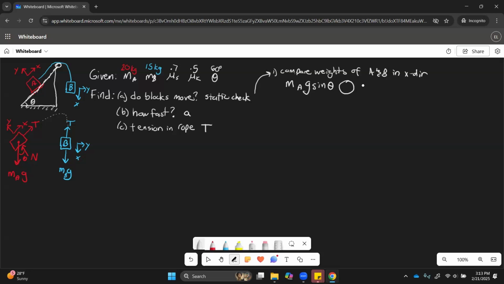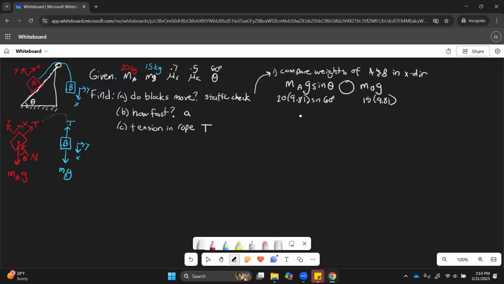Compare that to the component of B in the X direction, which is all of the weight of B, mass of B times gravity. For A, we'll have 20 times 9.81 times sine of 60 degrees, and we'll compare that to B, which is 15 times 9.81.